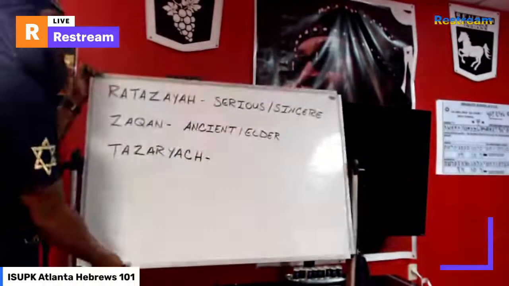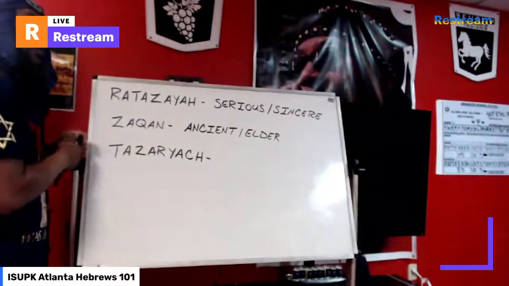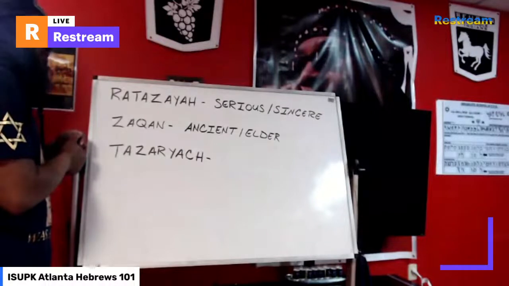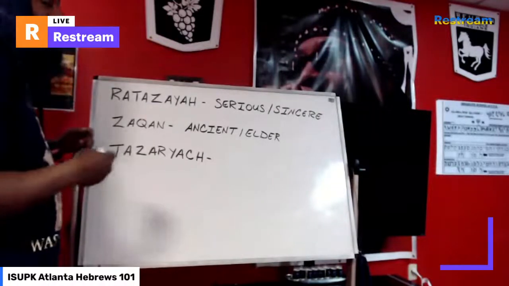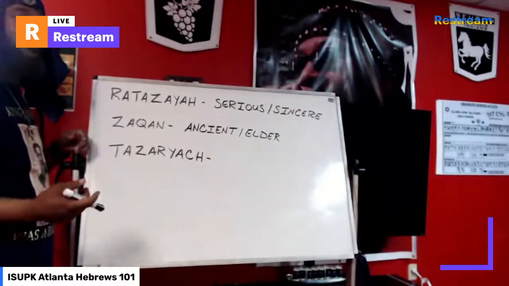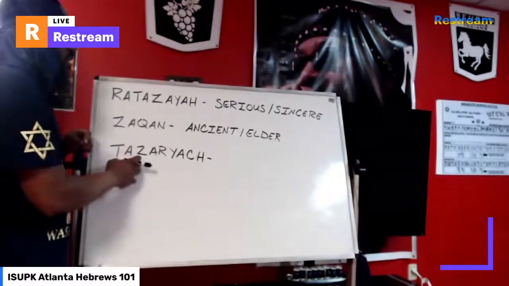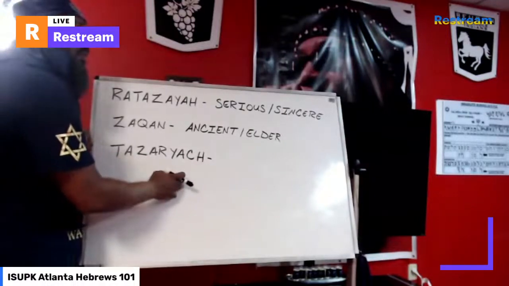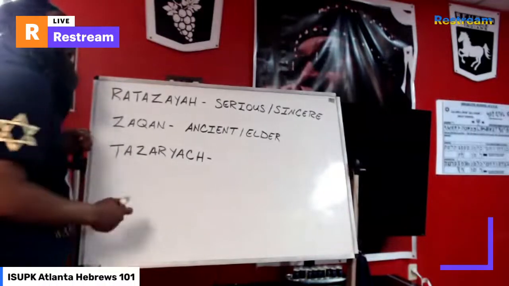Here. You've heard this name here. Tazaryak. Now, of course, we being American, we being English, we have different dialects. So now we're going to pronounce this last time Tazaryak. Right? But it's pronounced Tazaryak.